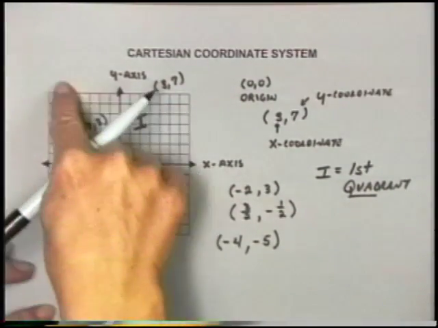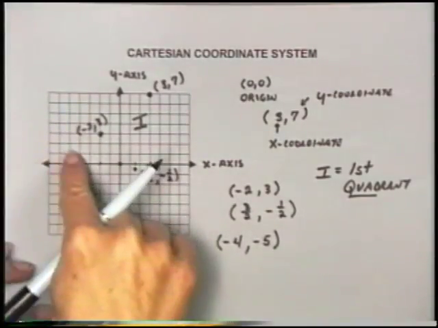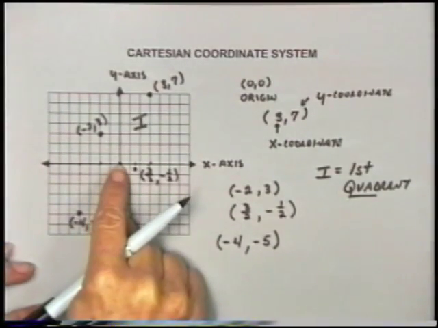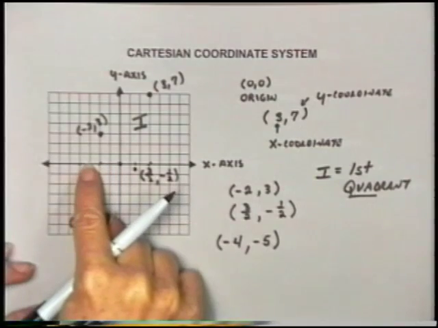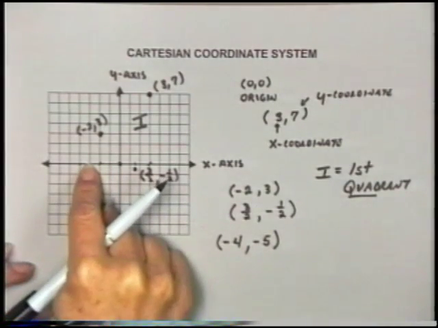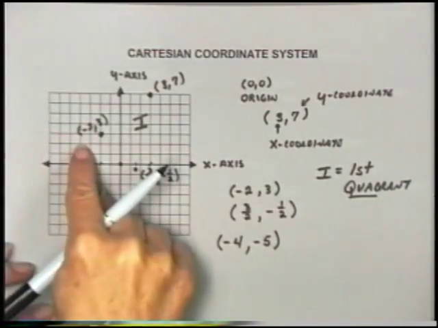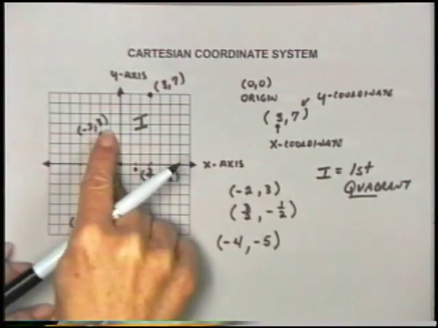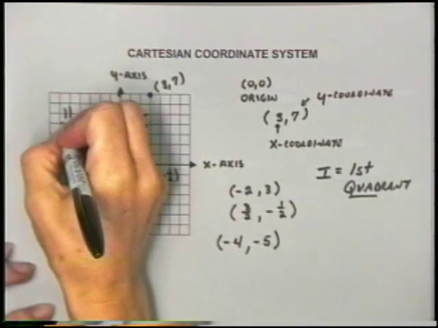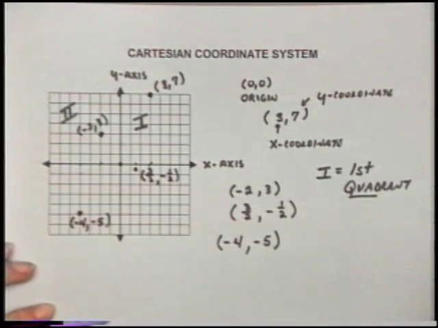This will always happen for points in this part of our Cartesian coordinate system, because if x is negative, we will go to the left, and then if y is positive, we will still go up. This quadrant right here, where x is negative and y is positive, is called quadrant 2, and we use a Roman numeral 2 for that.